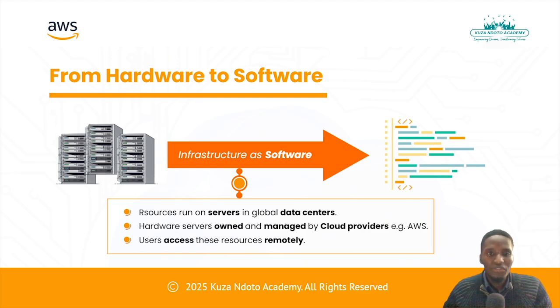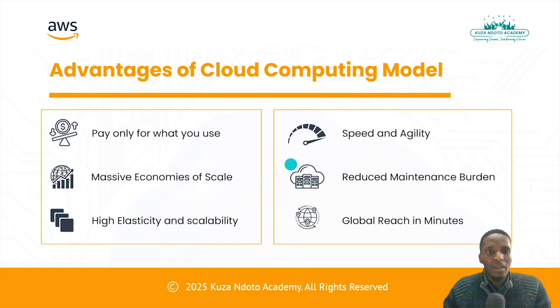So this shift from hardware ownership to on-demand software access is what truly unlocked the speed and flexibility that we enjoy in technology today. Now that we understand how the cloud works, let's talk about why it became such a big deal.